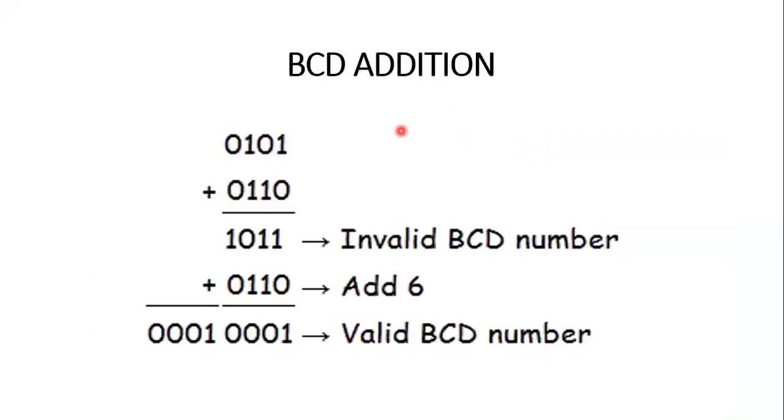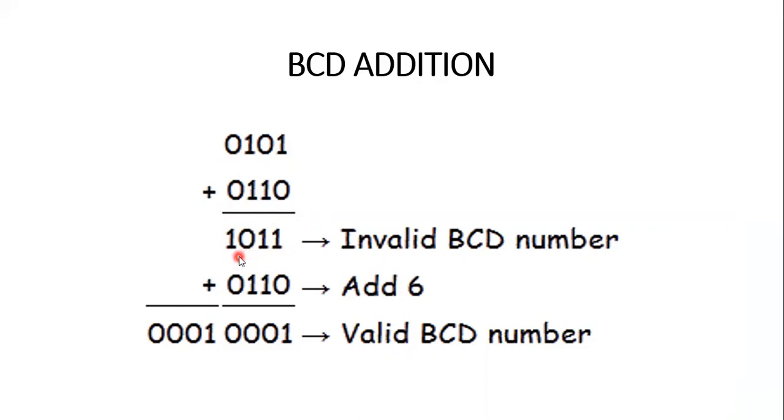Now, what is the BCD addition? How to perform the BCD addition? Suppose 0101 is added to 0110. Then 1 plus 0 is 1, 0 plus 1 is 1, 1 plus 1 is 0, carry 1. So 1 plus 0 is 1. Now 1011 is not a BCD.